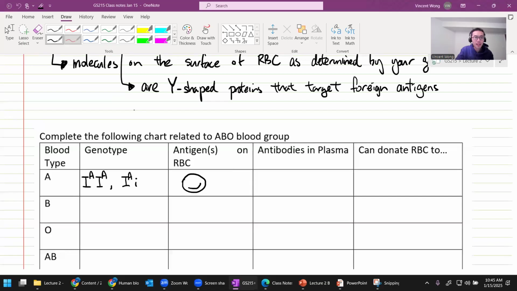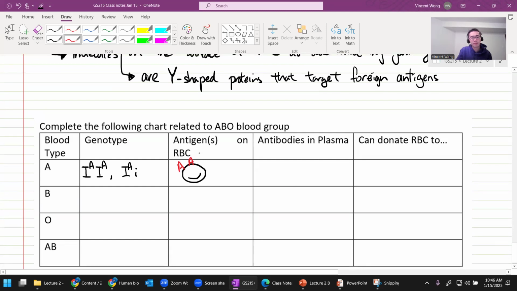So on the surface of your red cell, which is what this thing is, you will have the A antigen. Okay, I'll use red for the A antigen. What about antibodies in the plasma? What kind of antibodies will you make? Well, yeah, exactly. If you are A, then you do not have B in your system, then B would be foreign to you, and so you would have antibodies.